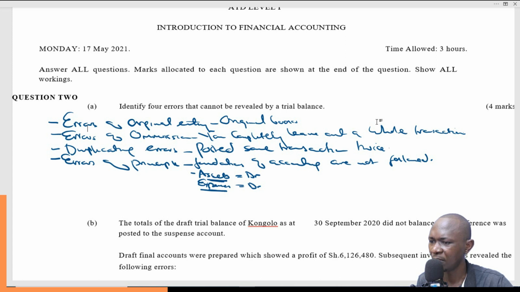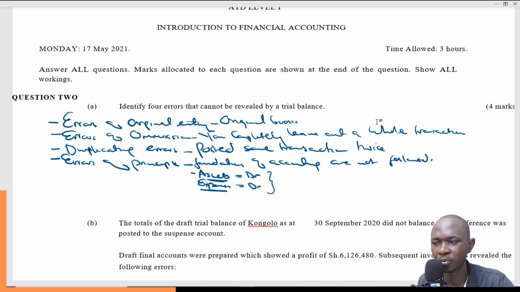But because all of them are debit accounts, there will be no problem in the trial balance so long as you also have an equivalent credit account which is correct. So we might have made an error here, posting an expense to an asset, but the trial balance will not be able to detect that error.